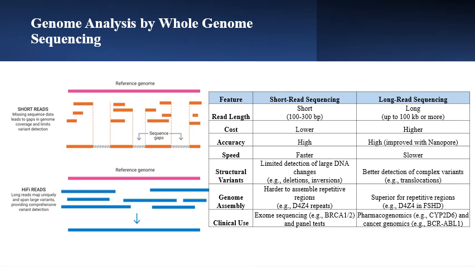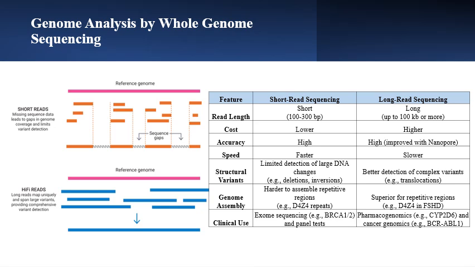Now, this slide compares short read and long read sequencing in genome analysis. Short-read sequencing produces shorter DNA fragments, which can create sequence gaps and limits variant detection due to incomplete genome coverage. Now, in contrast, long-read sequencing, shown here as hi-fi reads, produce longer DNA fragments that map uniquely across the whole genome.